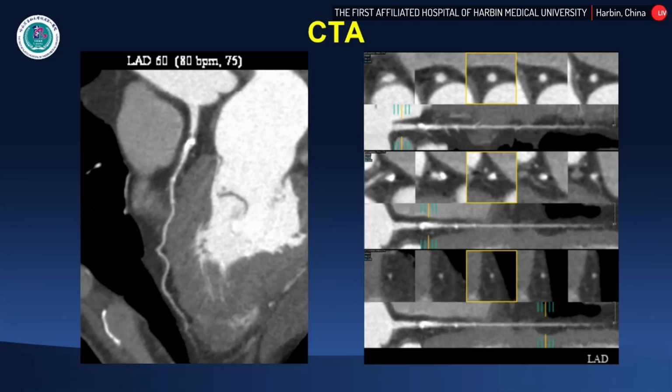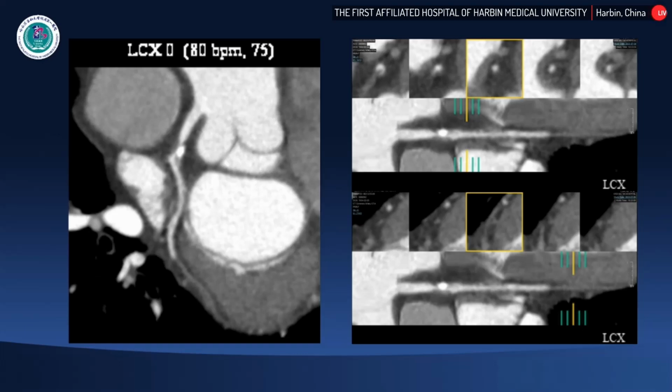We have many methods for grading calcium by CTA, but here we can see a single calcified plaque with a 90-degree to 180-degree arc. This is the circumflex CTA. We can see that the ostium of the circumflex was almost normal.